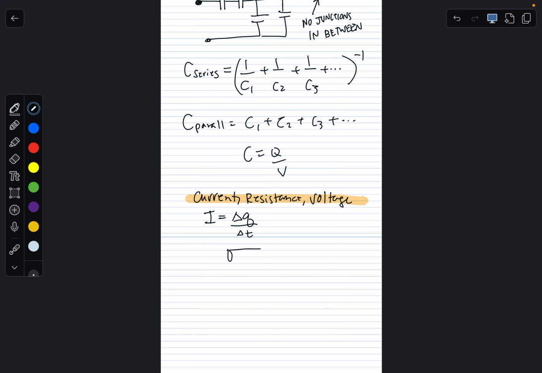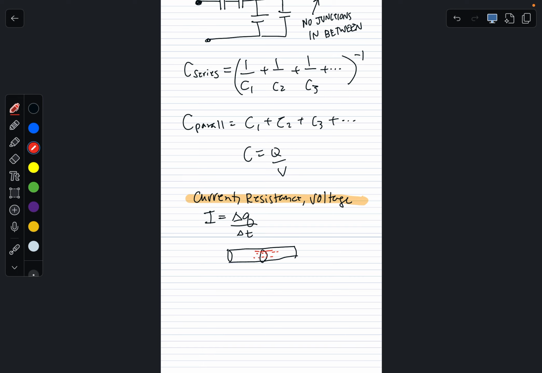For example, if we have a wire and we use a little microscope to count how many charges flow through that circular cross section, and we get a stopwatch to see how long it took for that many charges to pass through, that is the current value. So it's a rate of change of charge.